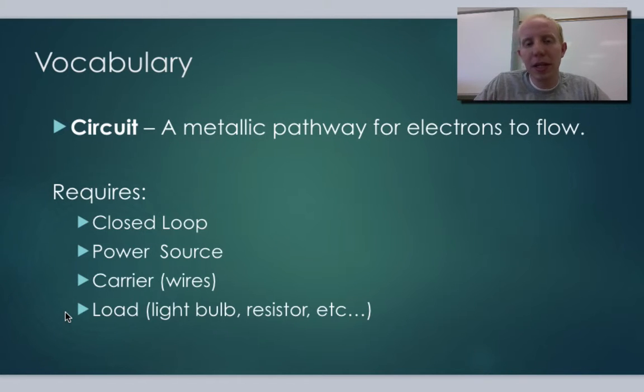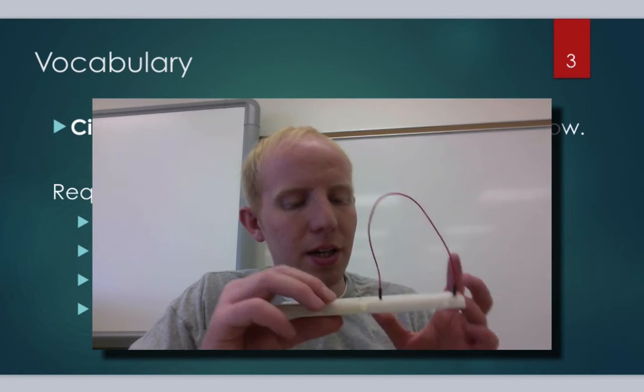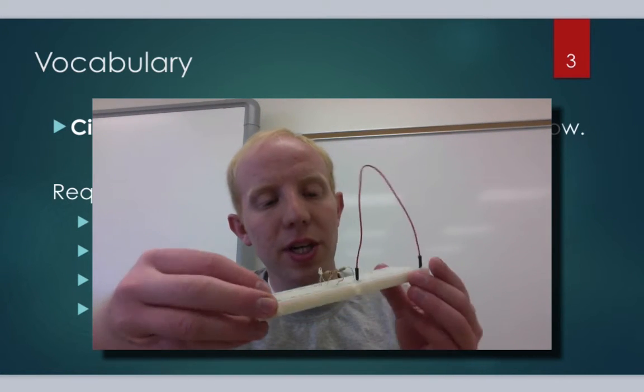But let's just look at the basic components of a circuit. Obviously we're not going to do the industrial circuits where they use the green wafer boards that have the circuit etched into the board. That's far too expensive to do in this class. So we're just going to go with the basic setups of circuits. Right here is an example of what a circuit board looks like for this class.